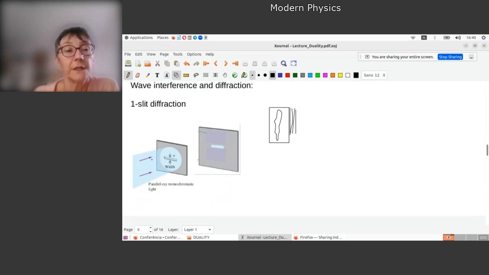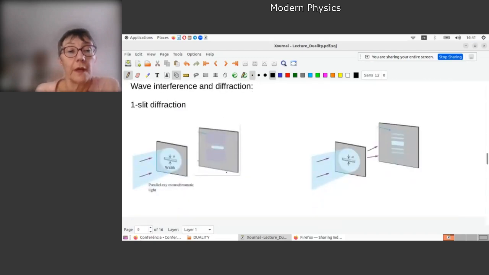A part of the incident light will be stopped by the screen, and the only part that will pass through the aperture will have this shape on the observation screen, and this would reproduce exactly the shape of the aperture. You can observe that, but in certain conditions you don't. What you observe actually is a diffraction pattern.